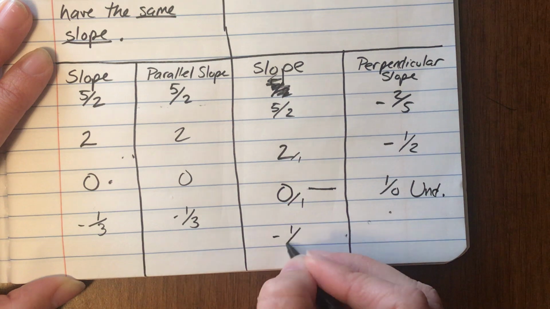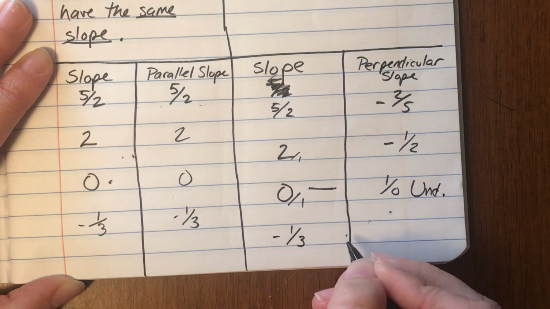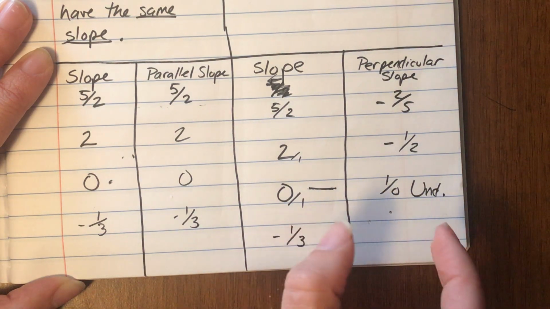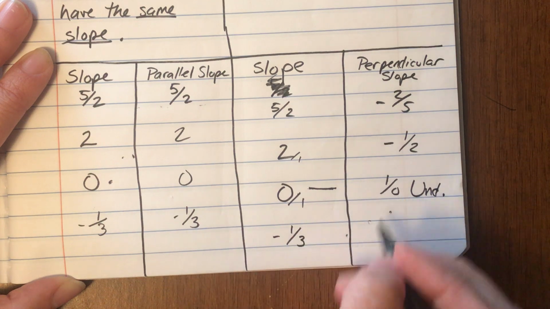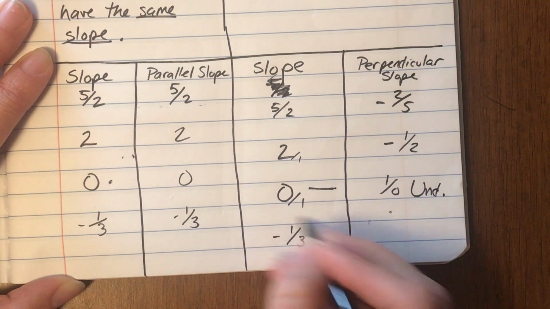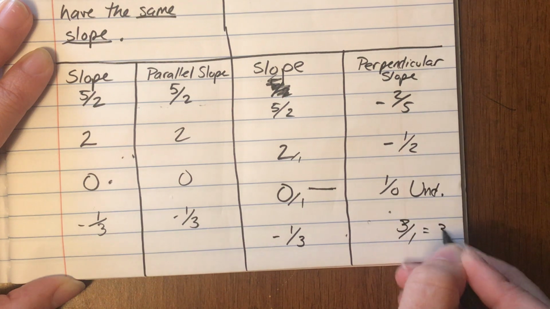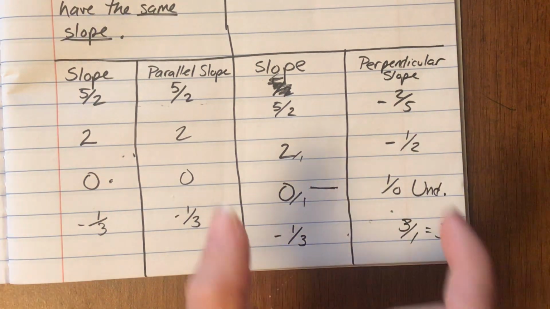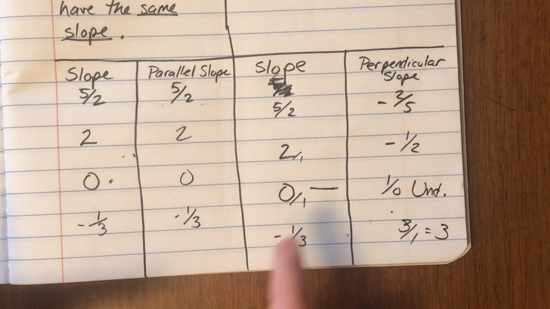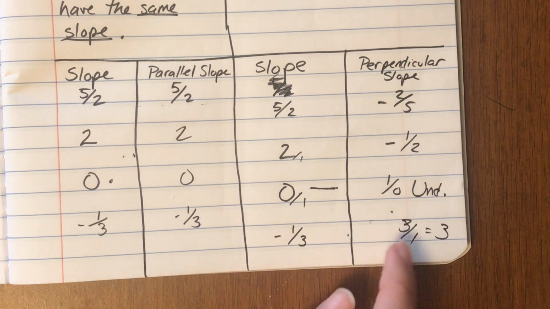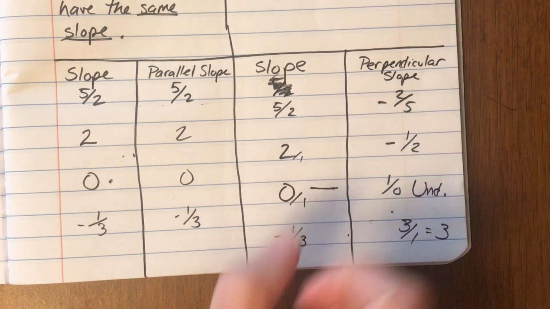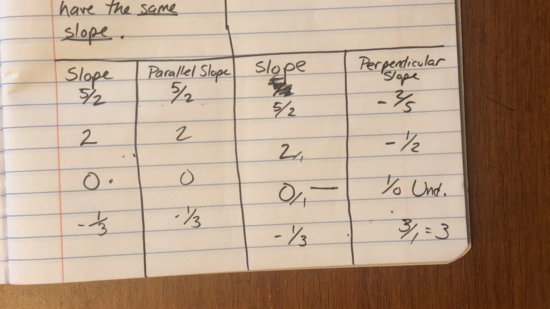And if the original slope were negative 1/3, then I'm going to make it the opposite, the negative. And the opposite of negative is positive, and I'm going to flip this to 3/1, which is actually just 3. So the negative reciprocal, you flip the number, whatever it is, and you make it the opposite sign. If it's positive, it becomes negative. If it's negative, it becomes positive.